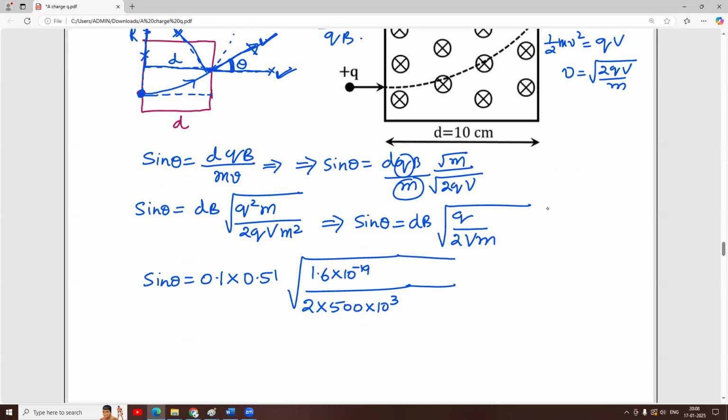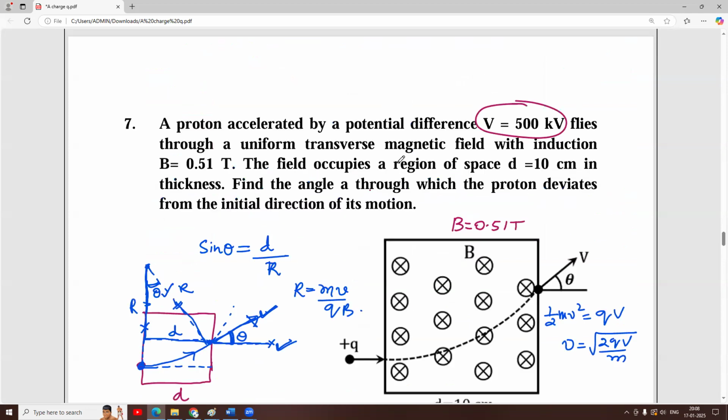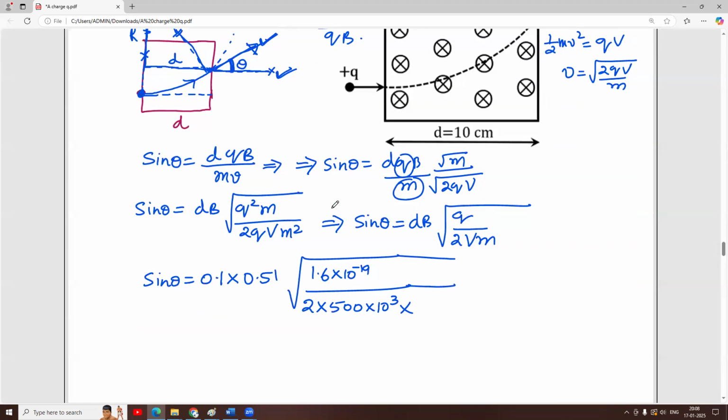And m is the mass of the proton. You can take it as almost 1.66 into 10 to the power minus 27. 1.6 I'll take, because I want an approximate answer.